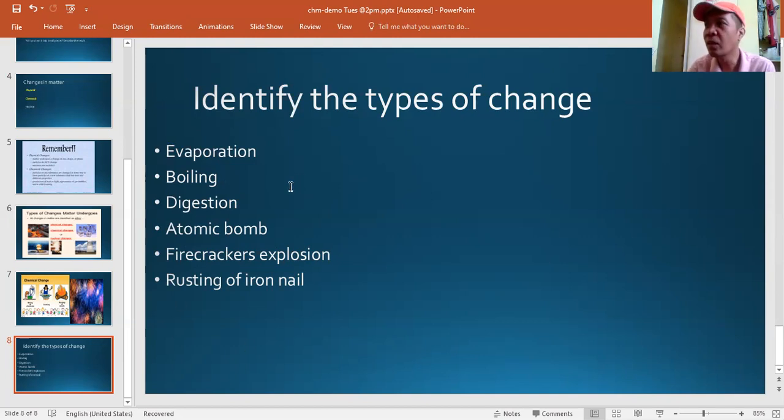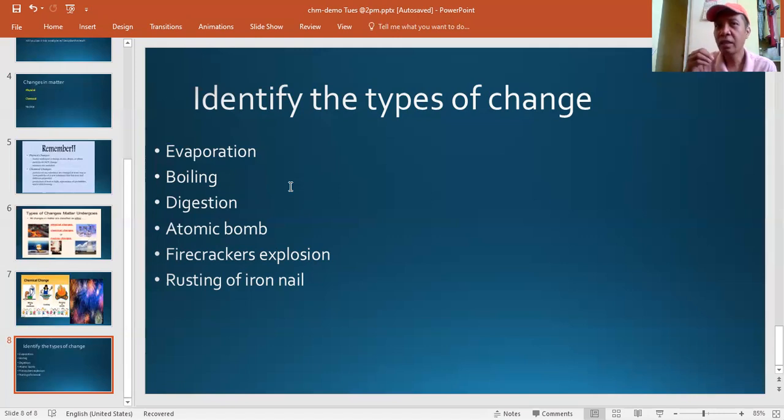Boiling. If you boil the water, what did you boil? Water. If you open the kettle, what do you have? The fumes. The boiling water reaches 100 degrees Celsius. Still water, correct? Physical change. But this one, digestion.